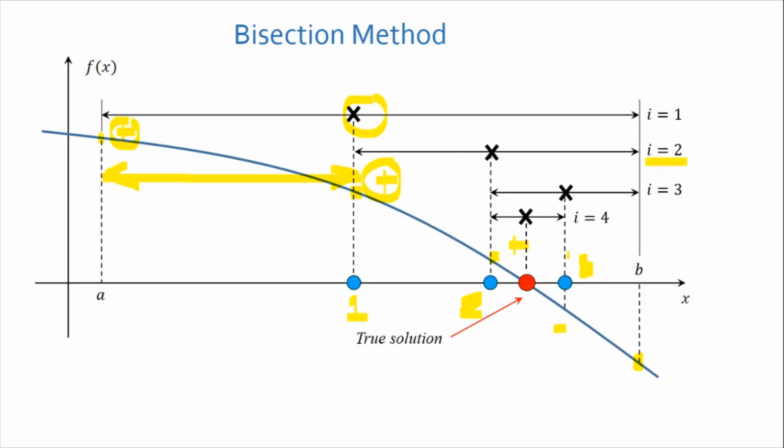For our first interval, the midpoint is here. So this is our xr; we will denote this as xr1. At xr1, the value of f(a) is positive, and the value of f(xr) is also positive.